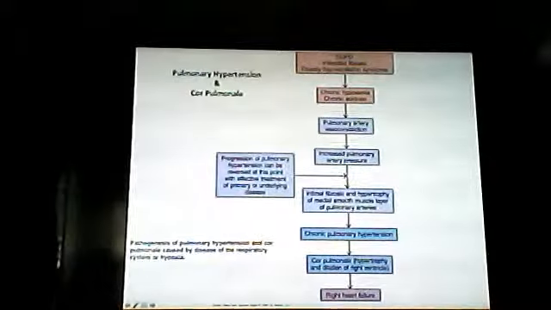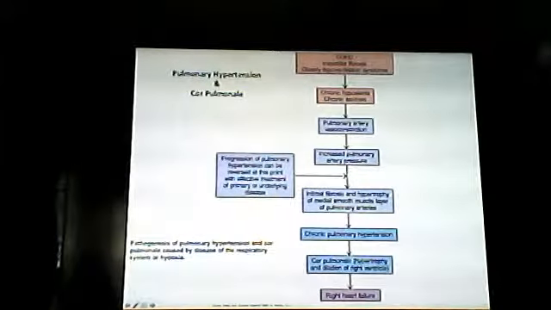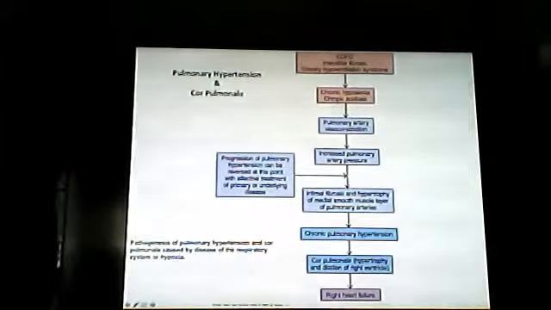So COPD, interstitial fibrosis, or obesity hypoventilation syndrome: things that make it difficult to breathe can lead to low oxygen or some form of acidosis.